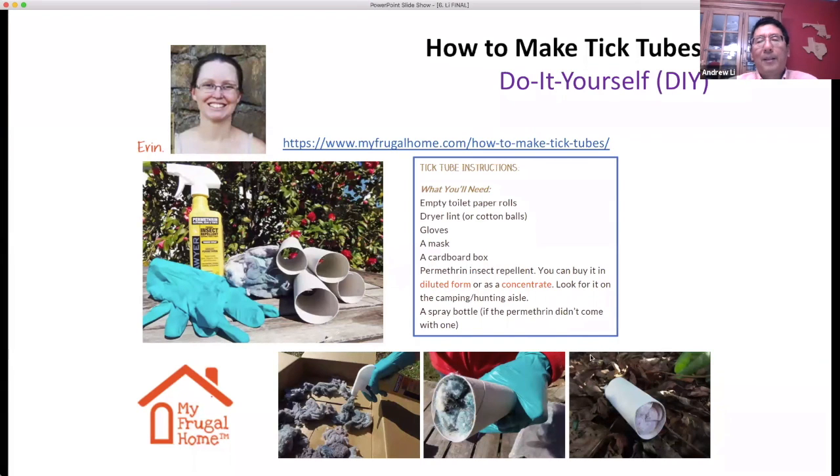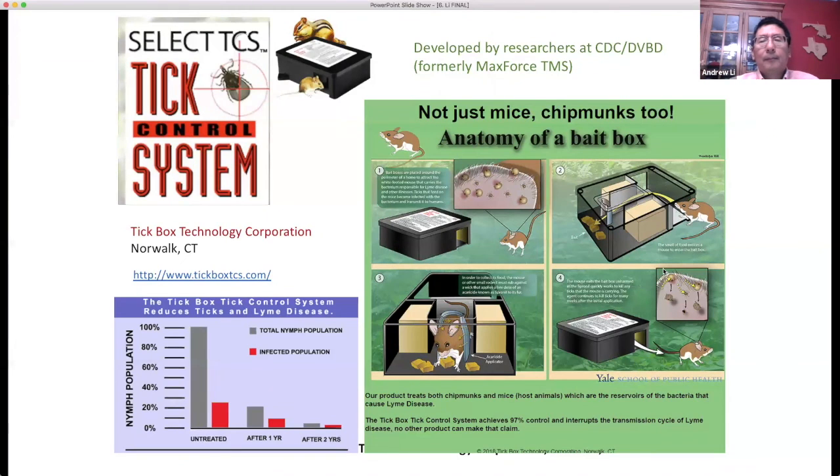In general, a homeowner can buy or make a tick tube themselves, but again, there are limited studies on how effective the tick tube may be in helping reduce the deer tick population. Next slide, please.